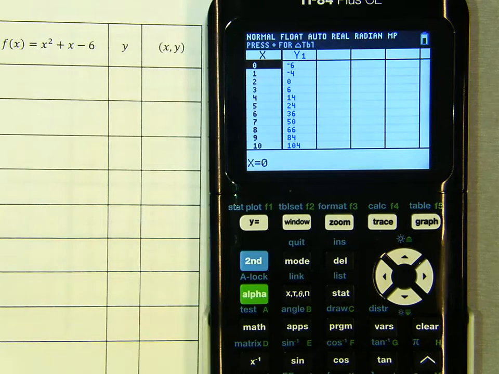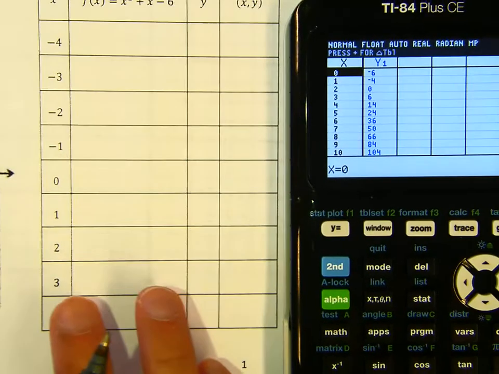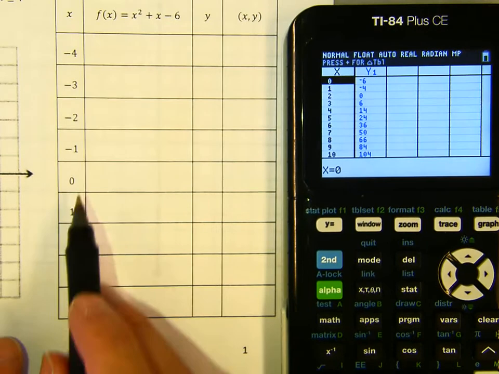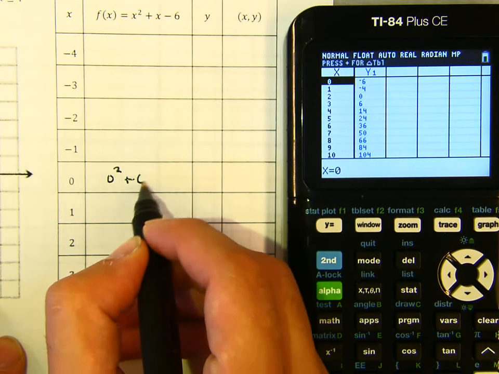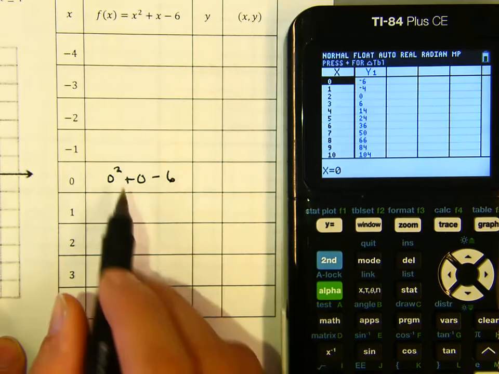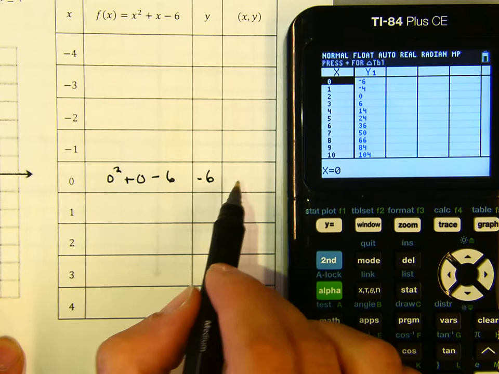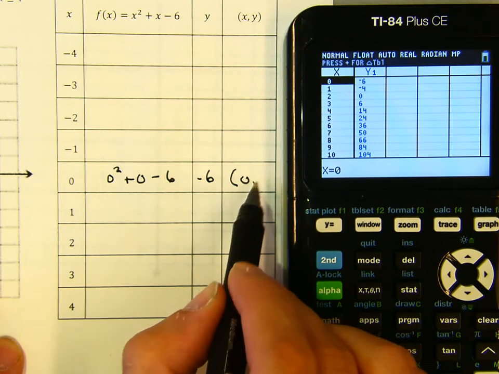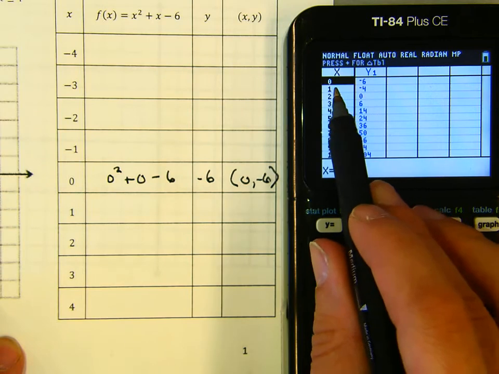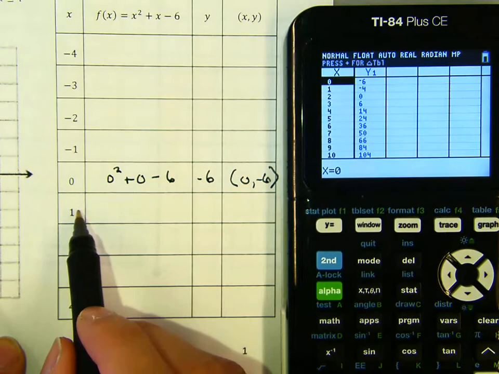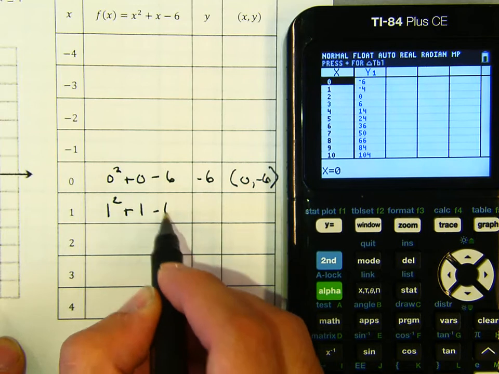Notice that when I plug in, for example, 0, what do you get? It's 0 squared plus 0 minus 6. If you do the algebra, it should just be negative 6. What is that point? It's 0, negative 6, right? But look, it's right here in the calculator for us. When I plug in 0, I get negative 6. When I plug in 1, it would be 1 squared plus 1 minus 6.